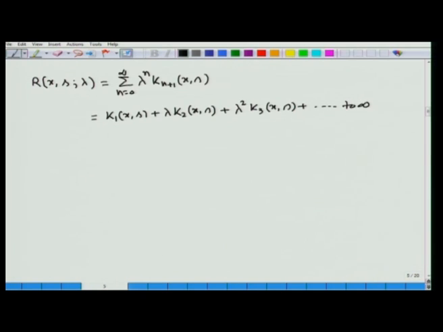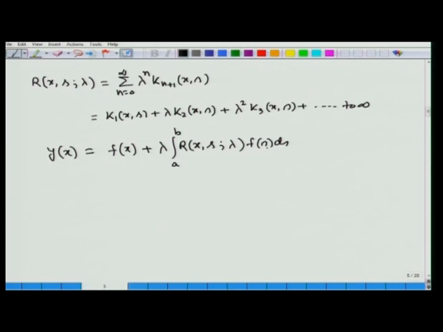And therefore, with this resolvent kernel R(x,s;lambda), we can write the solution of the Fredholm integral equation as y(x) equal to f(x) plus lambda integral a to b R(x,s;lambda) f(s) ds.